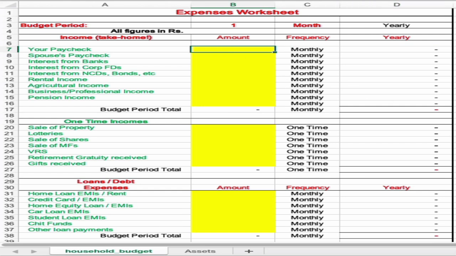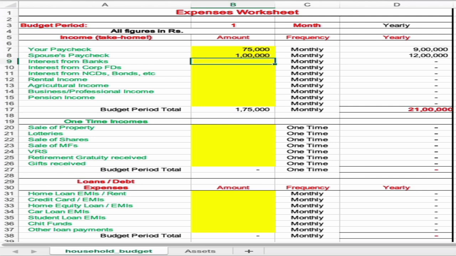So let's say you are earning 75,000 rupees a month. Take home. It's important. Take home, that means this comes into your bank. And your wife is earning 1 lakh rupees a month, so you enter it there. Now let's say you get interest from banks, the monthly average being 43,000.